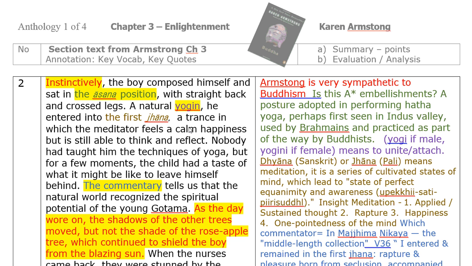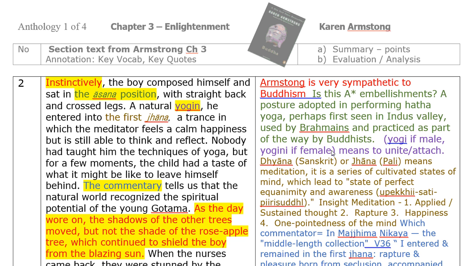And this is this word, sati, I can't pronounce it. So the 4 levels of, in particular, insight, is one of the different types of meditation. Insight meditation would be applied and then a sustained thought. And that leads to the level of rapture, which leads in turn to happiness or joy. But the final, most important level is the one-pointedness of mind. Okay, you can look up and research more on jhana if you want.